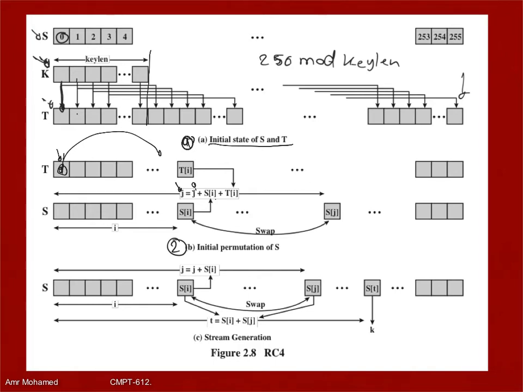Remember, T of I is based on the key, so it's not necessarily 0. T of I will have any value. So J will be 0 plus T of I, which is based on the key. So you will get the value of J, and then all you need to do is swap T0 with that value of J.